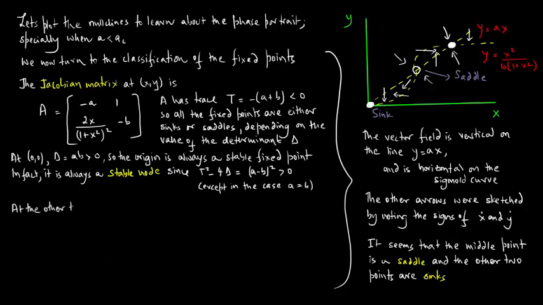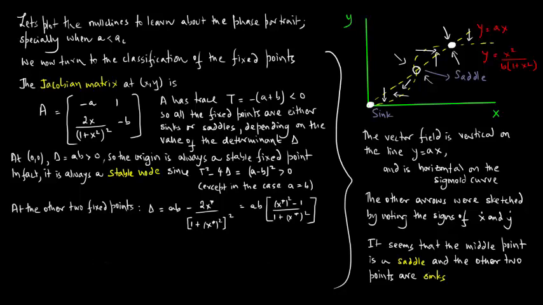At the other 2 fixed points, delta is equal to ab minus 2x star divided by 1 plus x star squared, whole squared, which is equal to ab times x star squared minus 1 divided by 1 plus x star squared.